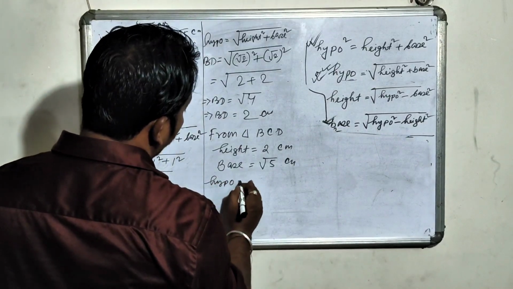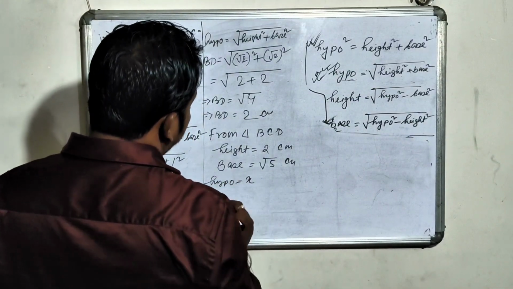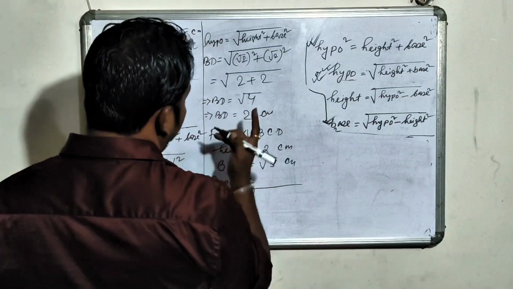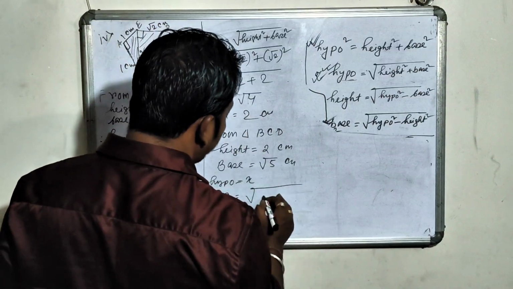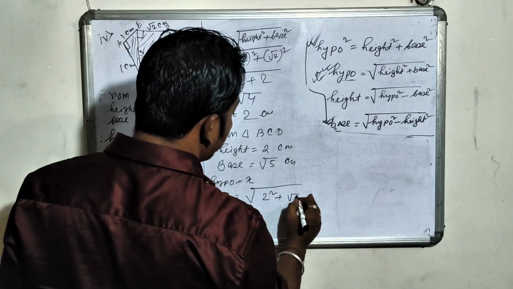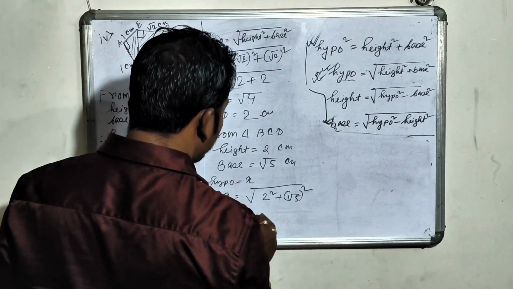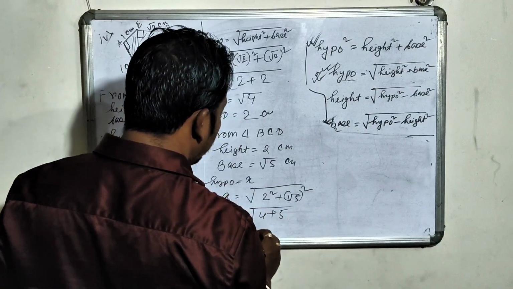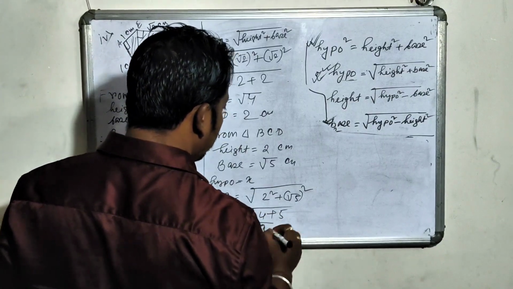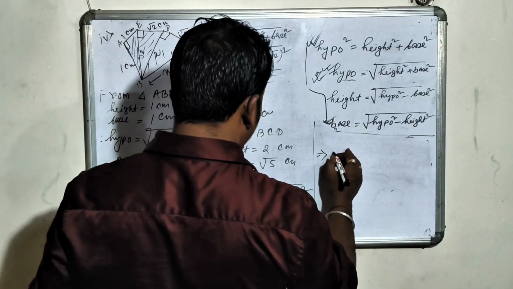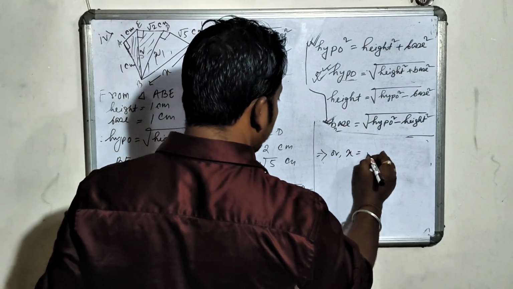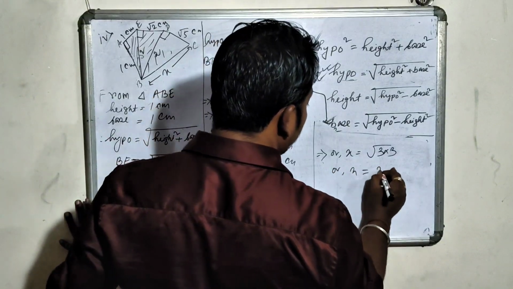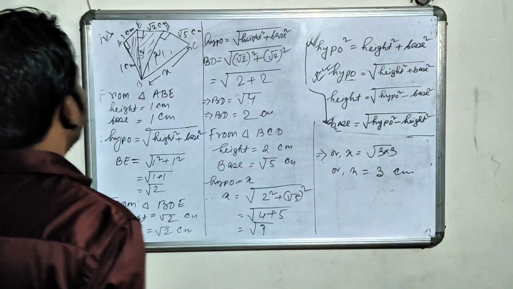Hypotenuse equals to x, therefore x equals to root over of height square plus base square, same rules. 2 square means 4, root 5 square means 5, that is root 9, or x equals to 3 into 3, or x equals to 3 centimeter.